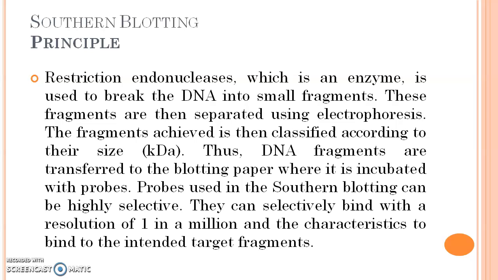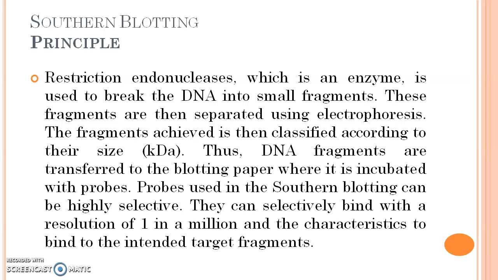So restriction endonucleases, which is an enzyme, is used to break the DNA into small fragments. These fragments are then separated using electrophoresis. The fragments achieved are then classified according to their size in the form of kilodaltons.